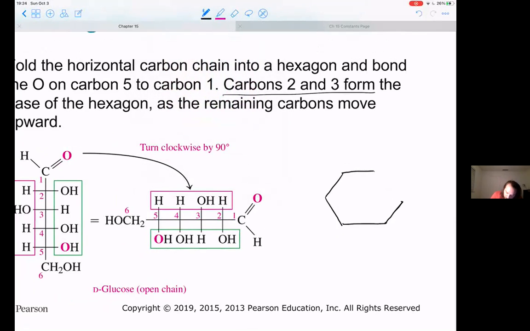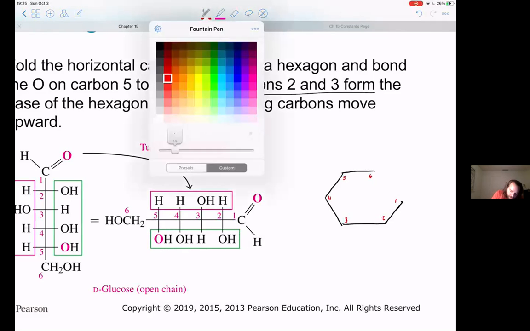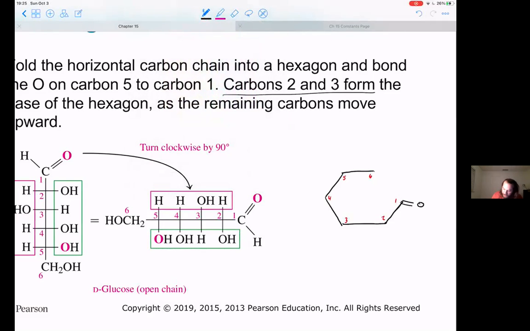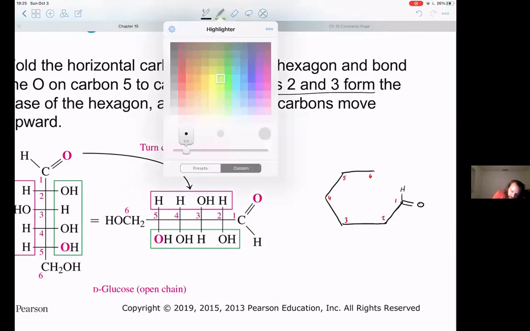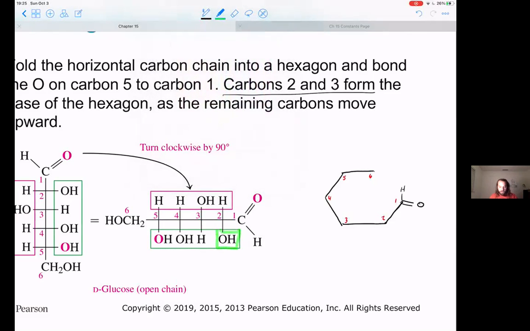Let me use red to number this carbon 1, 2, 3, 4, 5, 6. Carbon 1 is the one that has that aldehyde group. On carbon 2, in my Fischer projection set down on the side, the hydroxyl group is pointed down, which means that in my hexagon, the hydroxyl group is going to be pointed down. On carbon 3, in my Fischer projection on the side, the hydroxyl group is pointed up, so on carbon 3 I want my hydroxyl group pointed up.